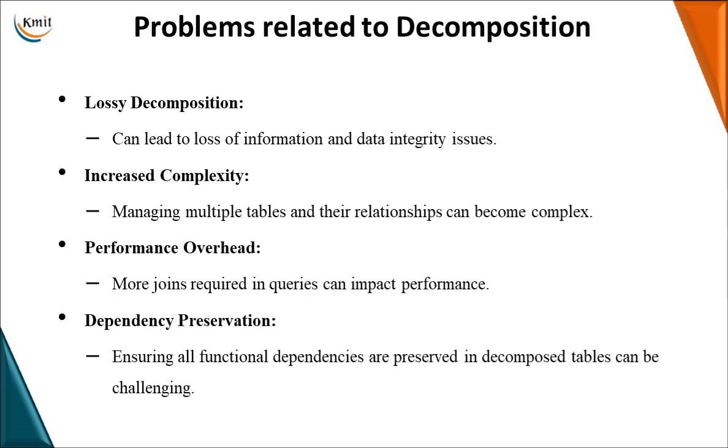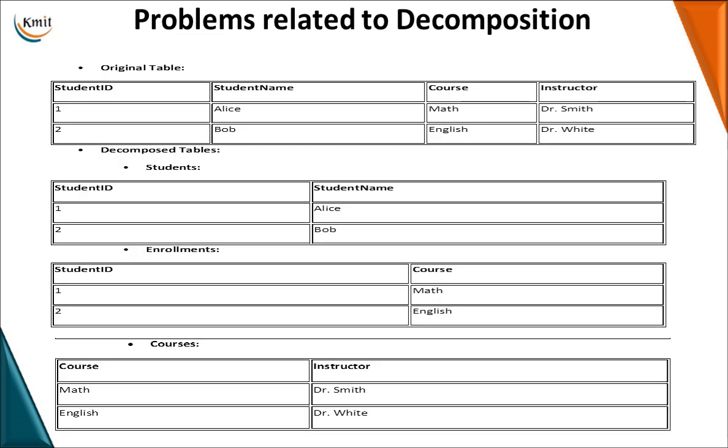When I want certain information, in order to get that complete information I have to make several joins. You have already learned what joins are in databases, so I need to join multiple tables to get certain information. Then dependency preservation is the biggest challenge when you are dividing the tables into multiple smaller tables.